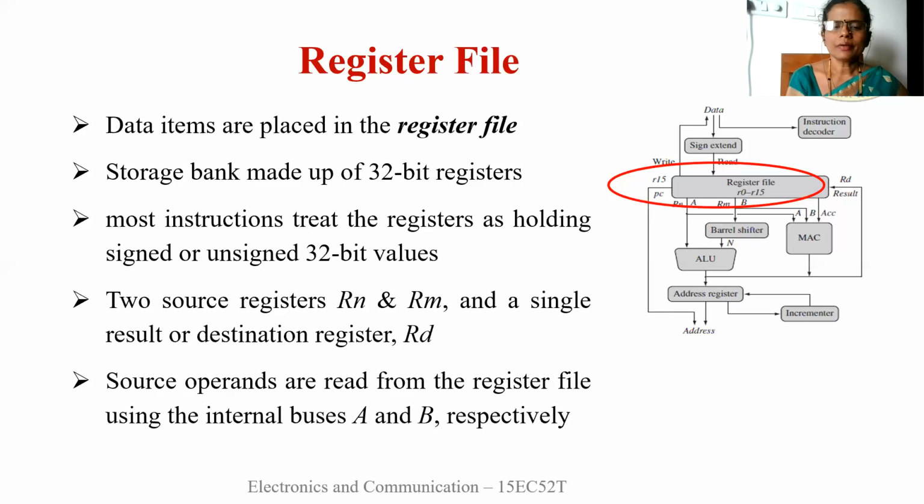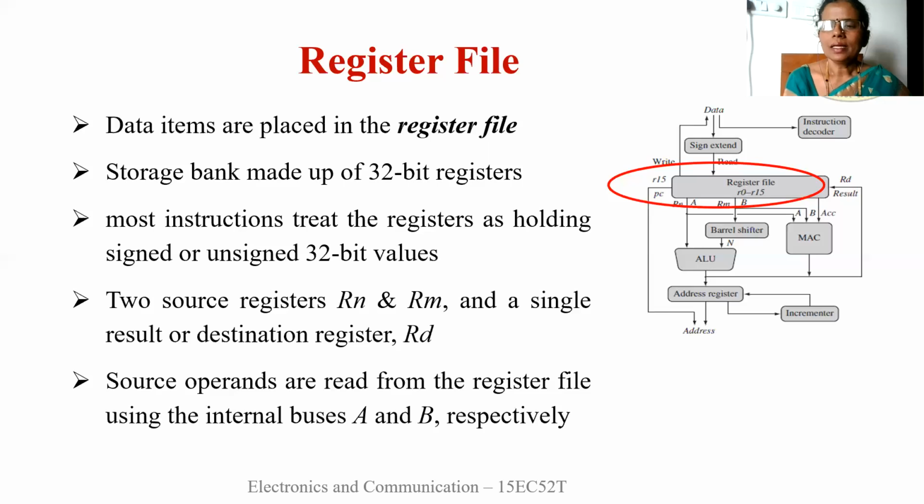Source operands are read from the register file using the internal buses A and B. So after reading the content of the register, it must go on a bus. One source operand goes on bus A and the other source operand goes on bus B. This is about the register file. So what are the things you need to remember?